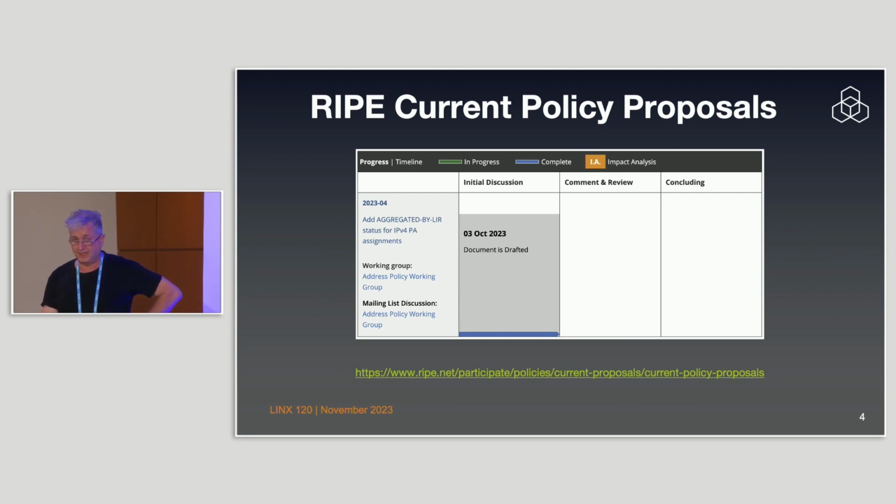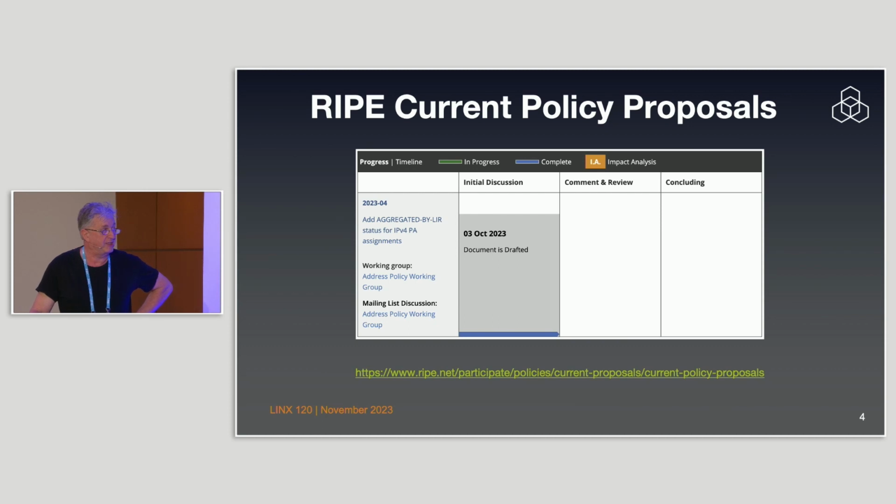And this is an enormous pain in the proverbial. Some people do it, some people don't. This is a mechanism to allow you to aggregate those tiny little allocations and group them together under a single registration in your RIPE database entry.